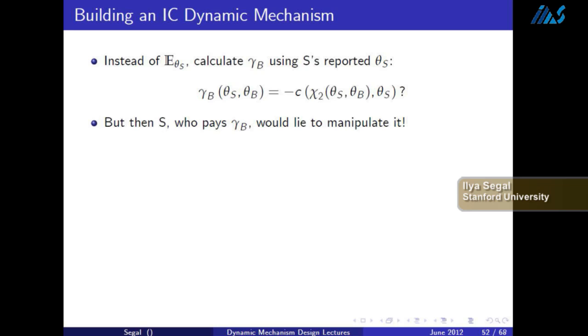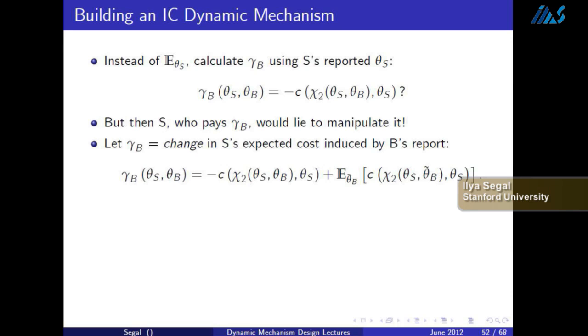Well, instead of keeping you in suspense, I will show you a very simple trick that actually turns out to solve this problem. Here's a way we propose to calculate the payment to the buyer. Now it will have two terms instead of one. The first term will be the actual cost of the seller given what he reported.